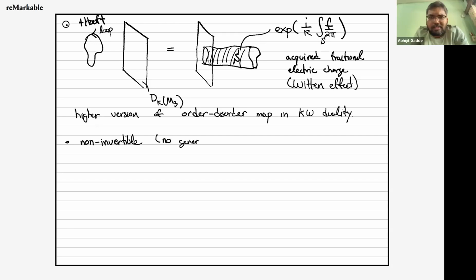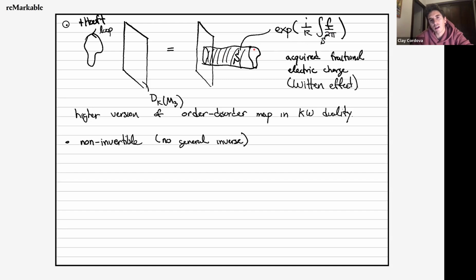Sorry, Clay, why is this phase like acquiring a fractional electric charge? Well, it's because I told you what the surface is. What lives on this surface is the integral of this f. If you tried to say f is dA, let's just integrate A over the boundary using Stokes' theorem.